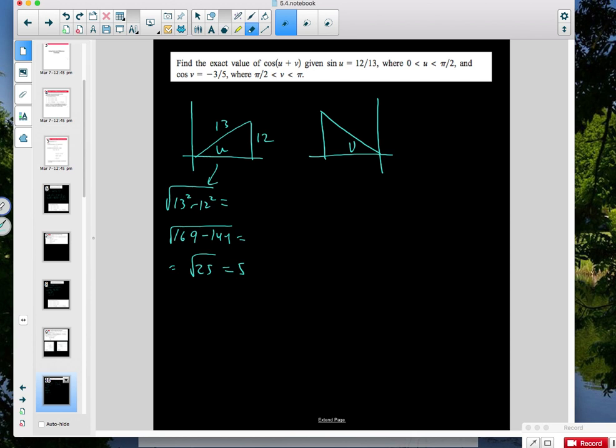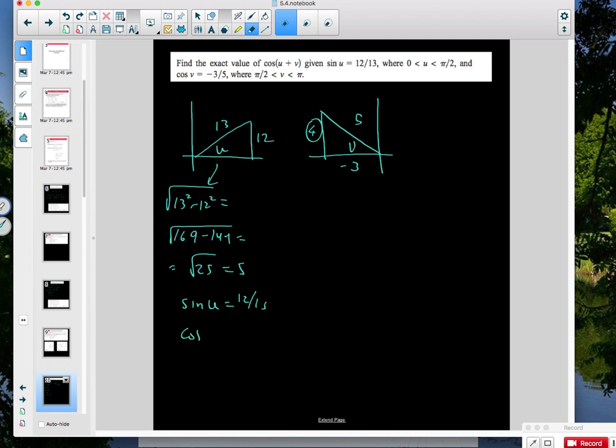So V. Negative 3 is here, 5 is here. Do you all know what the opposite is? Yeah, 4. So, since this is 4, I can find what we need. We know sine of u equals 12 over 13.